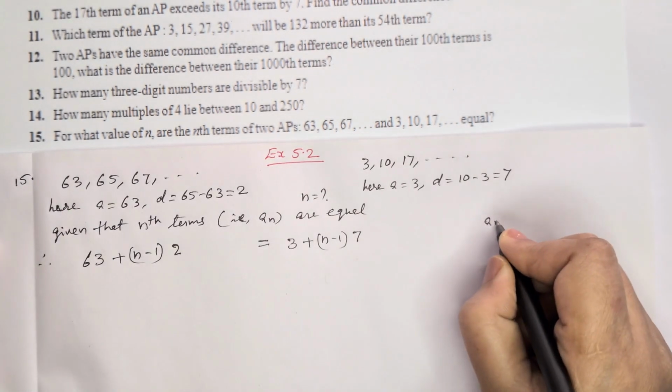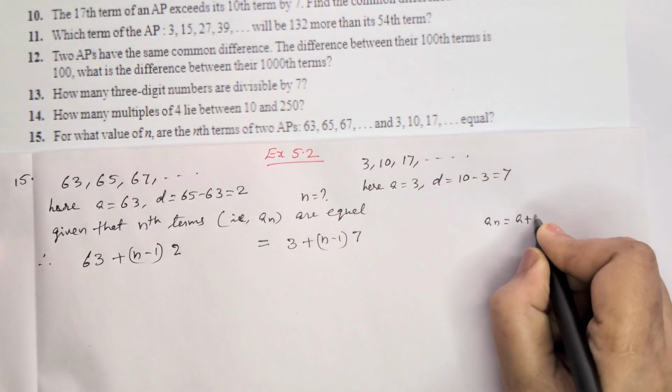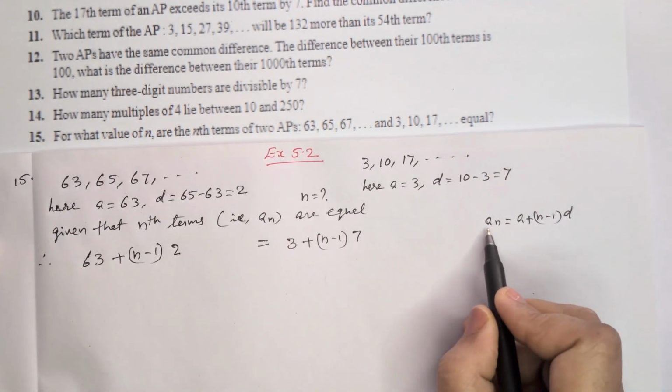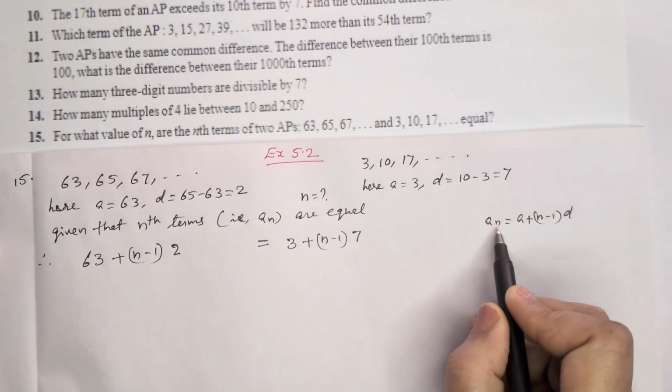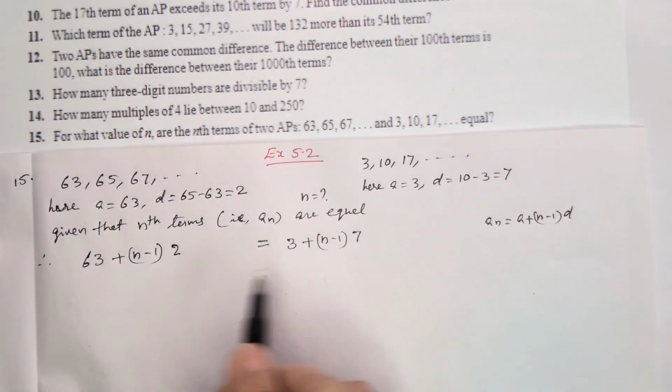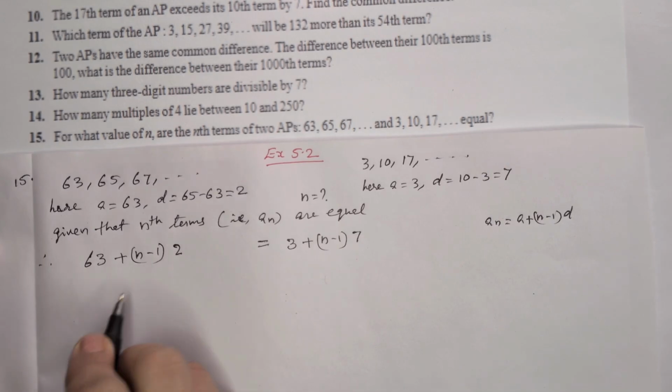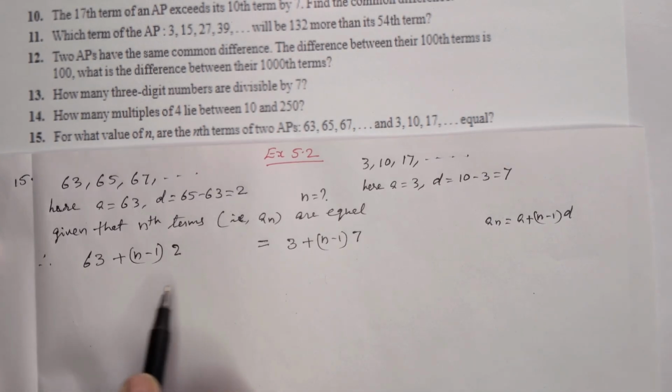We know that an is equal to a plus n minus 1 into d. In both cases an is the same, equal, so we can compare the right sides. That's what we are doing. Now from that, when we are solving, we will get the value of n.